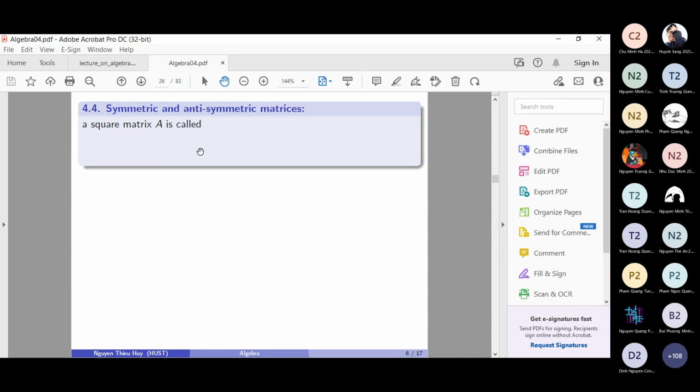A matrix A is called symmetric if and only if A transpose equals A. So the transposition of A equals A is shown. And it is called skew symmetric or anti-symmetric, so there are two names for this, if and only if A transpose equals minus A.